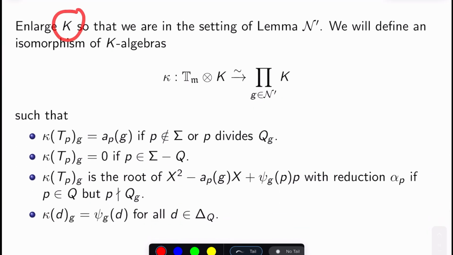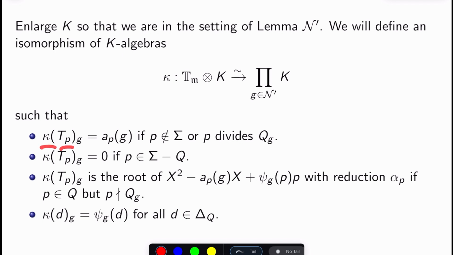So in large K, the field that we've been working over, so that we are in the setting of lemma fancy N prime, we're going to define an isomorphism of K algebras kappa from T sub frak n tensored up to K, to the product of one copy of K per newform g in fancy N prime. And this isomorphism is going to have the following properties.